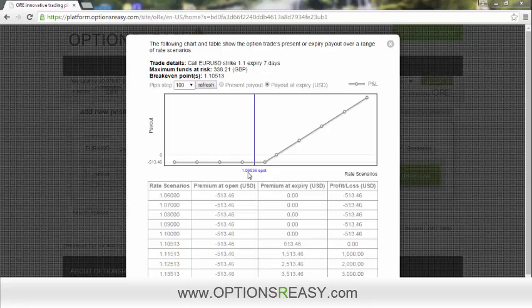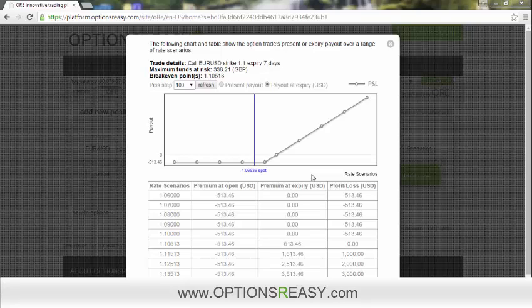Focusing on the table here, you can see that the first column is the market rates, and the second column is the amount that we pay for the option. As you know, this is around $500, and you can also see it here on the chart above. The third column is the amount that the option is worth at expiry. These are the calculations that we've just been studying.